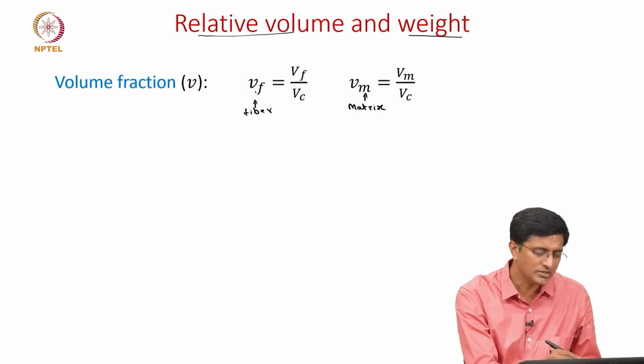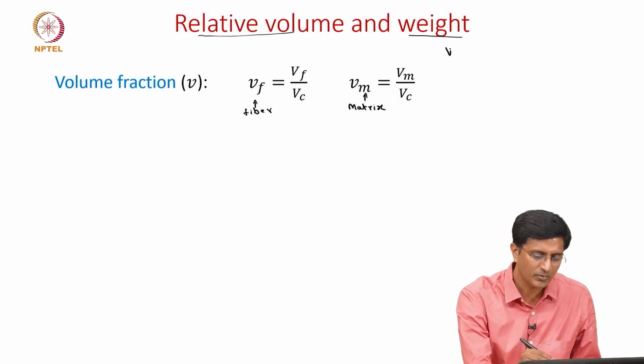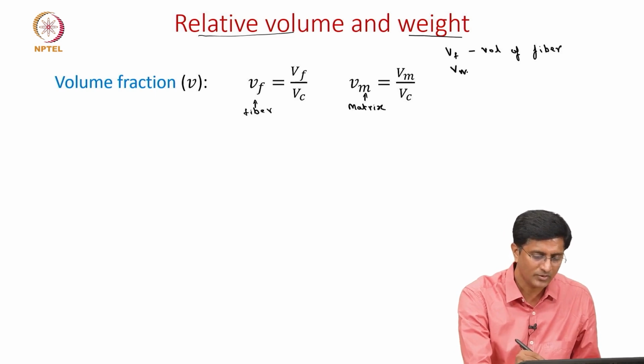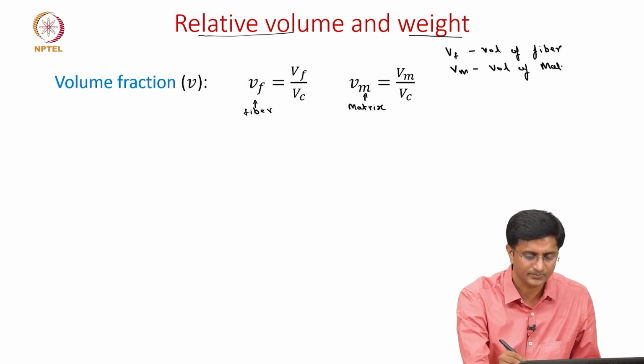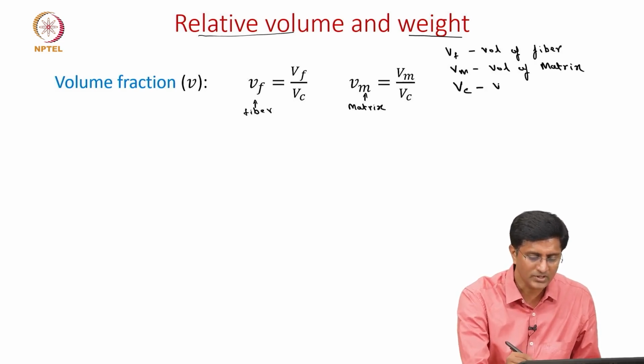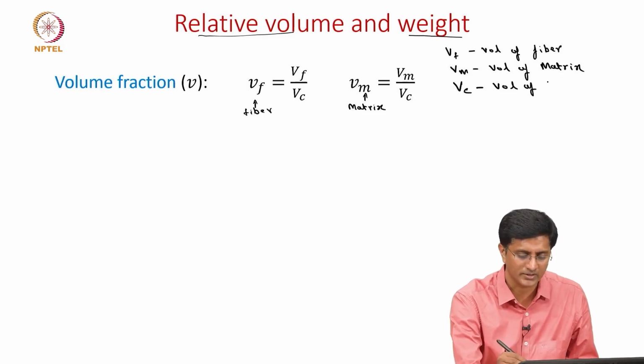So here the small v's correspond to the volume fraction and the capital V's correspond to the actual volume. So for example, capital Vf is the volume of fiber in the composite, and Vm of course is the volume of matrix, and Vc is the volume of composite, which has both the fiber and the matrix.